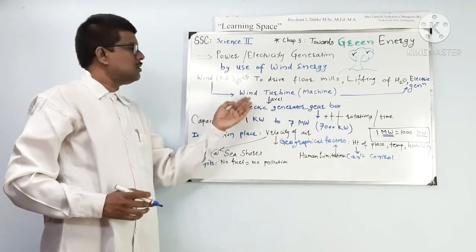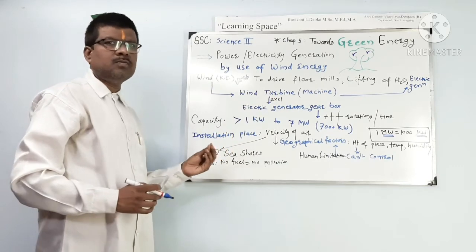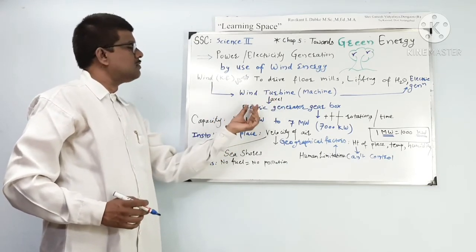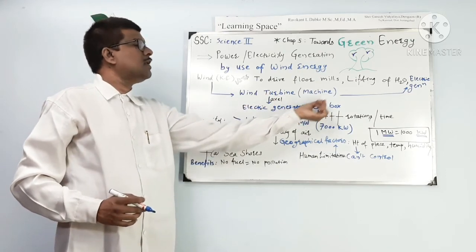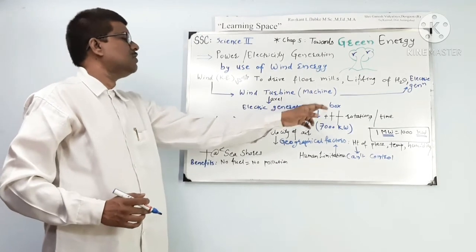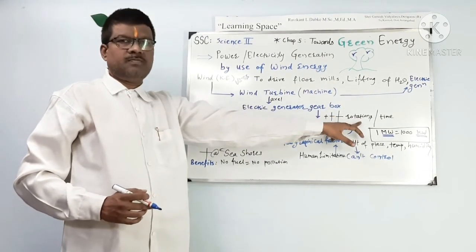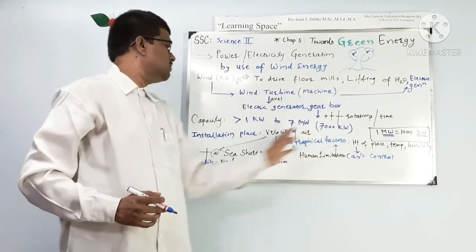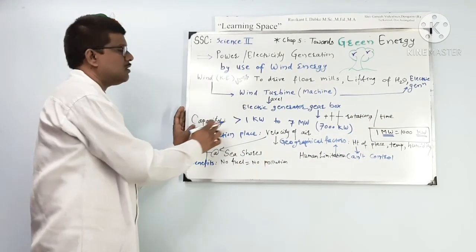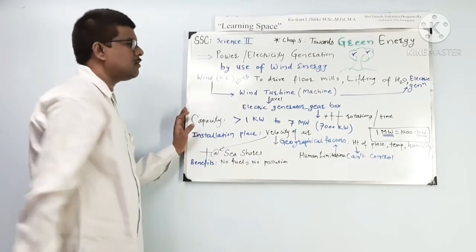The main part, the wind turbine, has an axle as in vehicles, and with the help of this axle, a gearbox is attached there, and this gearbox increases the rotations per unit time. The capacity of the power generation plant is from less than 1 kilowatt to 7 megawatt.